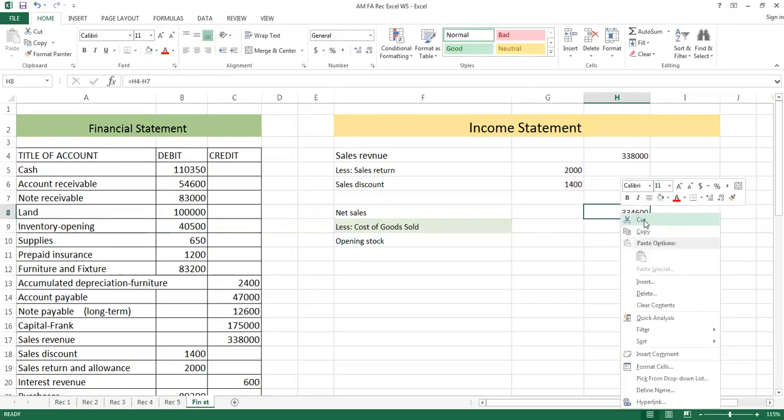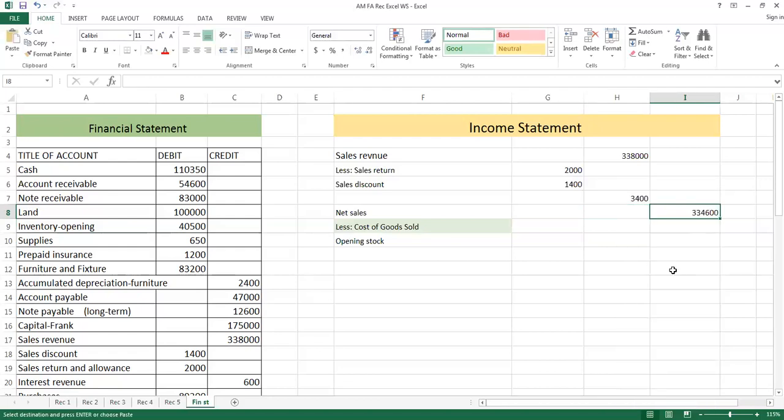Better if you like, you can keep this information in the second column. Remember, these columns are not for debit credit. This is only for presentation purposes. Check your question. This is opening stock which is given as 40,500. So this 40,500 will be reported here.